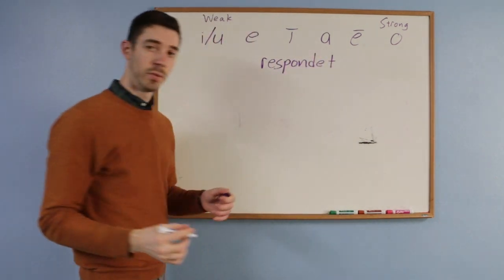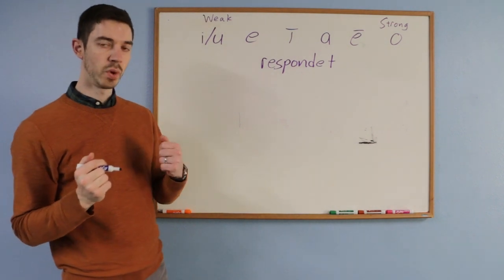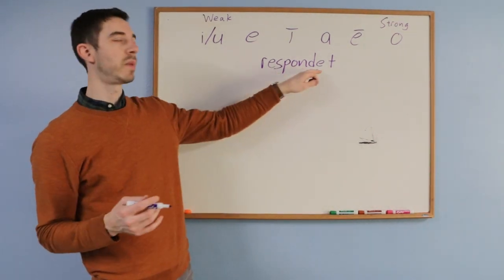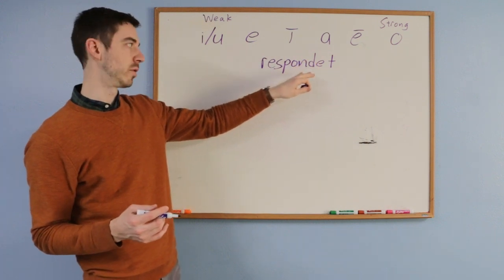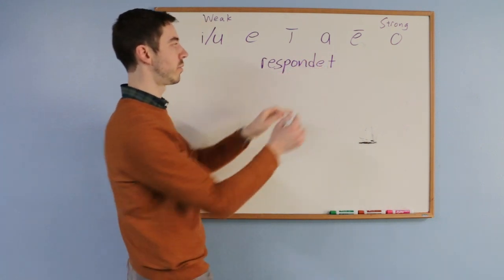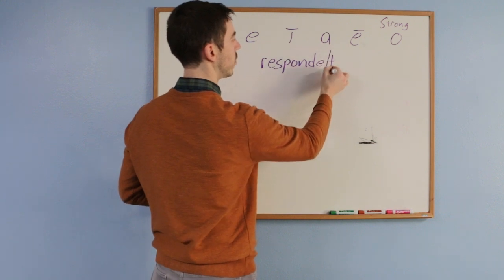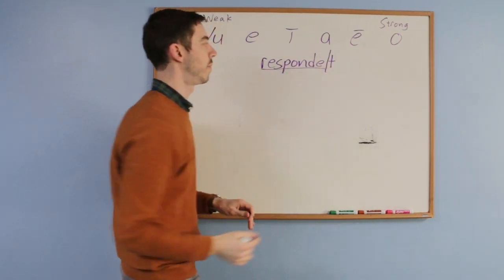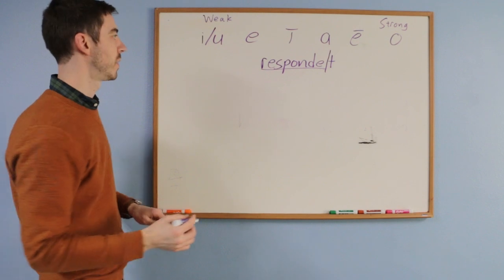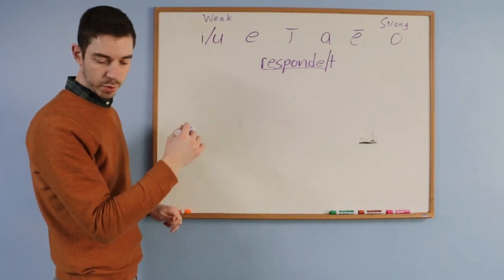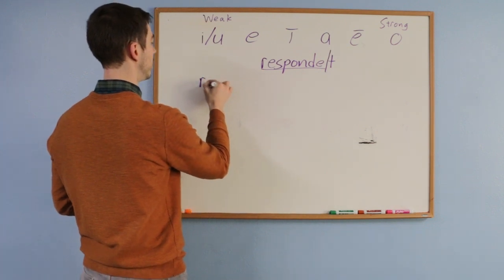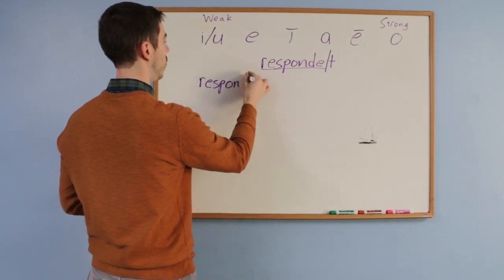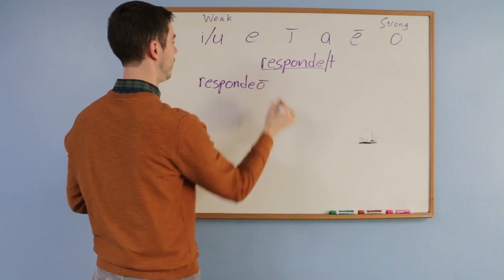Respondet. So remember, when we memorize a verb, we always memorize it in what person? Third person singular. So respondet is third person singular. It has the T. We'll cut the T off, so here's the stem, responde. Now we'll put the first person singular ending on, which is O. So this becomes respondeo.